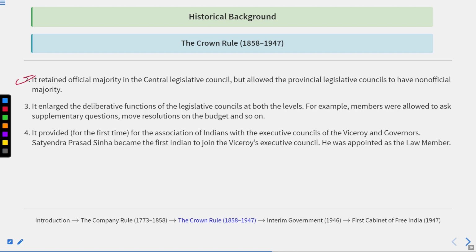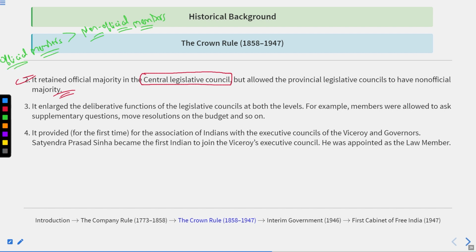Retain the official majority in the central legislative councils, but allowed the provincial legislative councils to have a non-official majority. Okay. It means that at the central legislative councils, the official members were higher than non-official members.